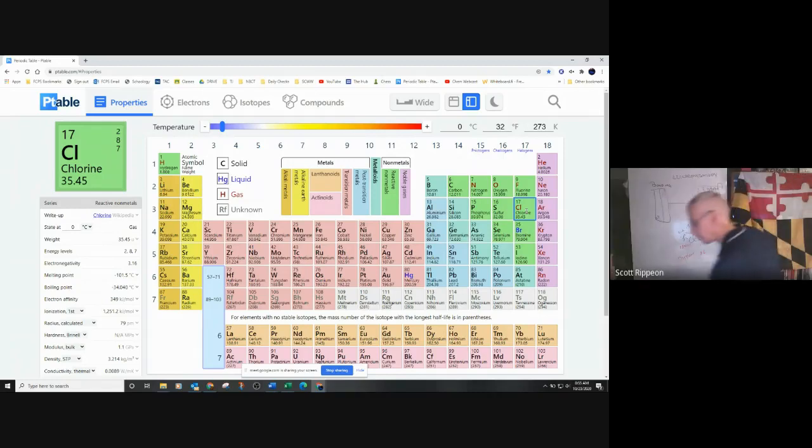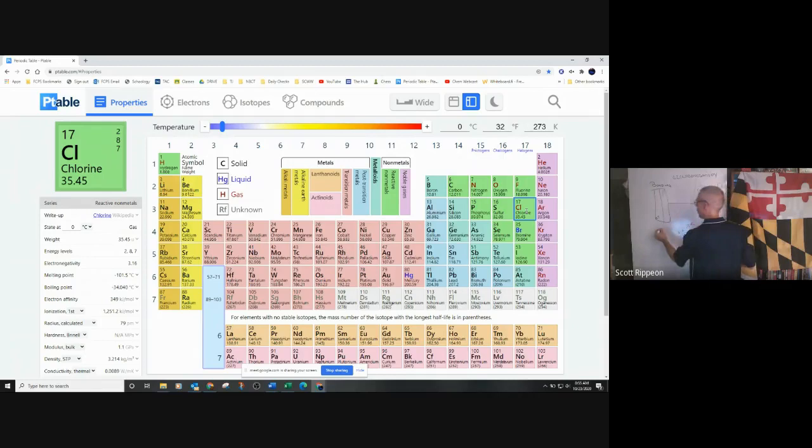Okay. Now let's look at the electron dots. We've got phosphorus in this column, so it's P1, 2, 3, 4, 5, 6. It's P3, so it's got 5 dots.